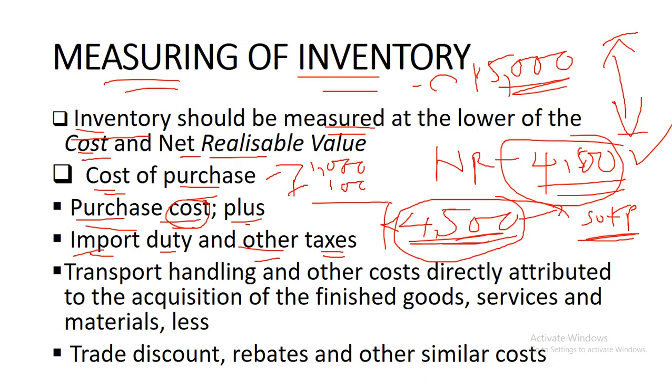That's included. Okay, 100 is just too much. I think, let me say just 10. So a VAT of 10, you add that. And then transport and handling and other costs directly attributed to the acquisition of the finished goods and services and materials, right?